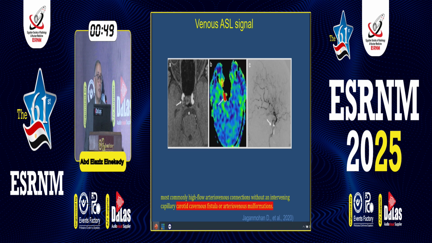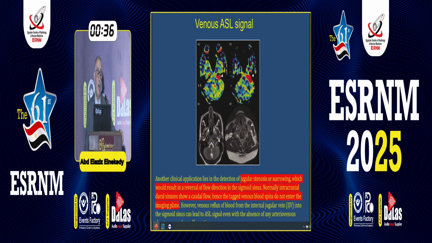Another example of this venous signal, if we have a carotid cavernous fistula, there is trapping and steal of the signal into the cavernous sinus. Another thing is the venous ASL signal. If we have stenosis of the internal jugular vein with reversal of flow of the blood in the sigmoid, it will act as if it is arterial, and it will be labeled during the labeling.